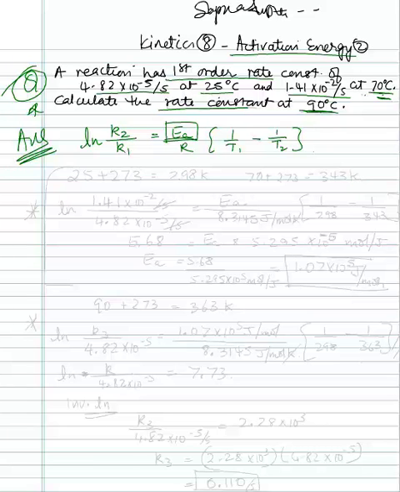So let's do one little calculation quickly. For temperature, convert Celsius to Kelvin. 25 plus 273 is 298 Kelvin, and 70 plus 273 is 343 Kelvin. The first part of the problem is to calculate the activation energy.